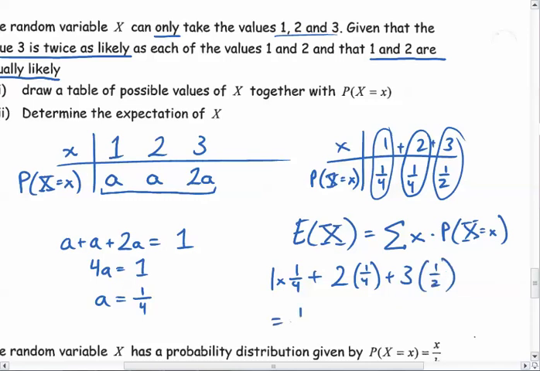So I get 1/4, 2/4, and 3/2. So that's 1/4, 2/4, and 6/4, which altogether is 9/4.